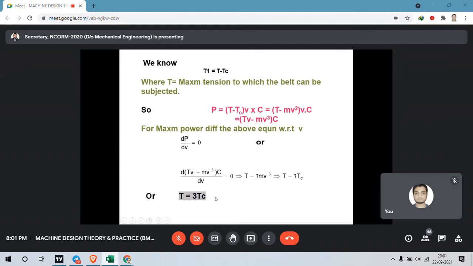This indicates that when the tension is 3 times the centrifugal tension, that is the case of the maximum power transmission. We will be using this equation. You can also plot this curve.